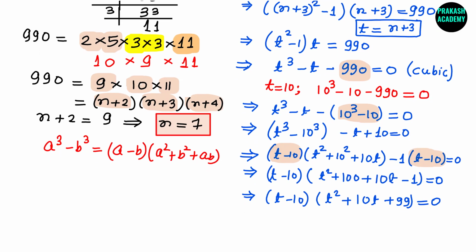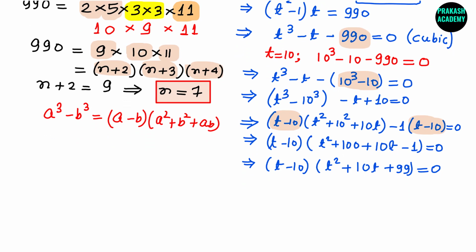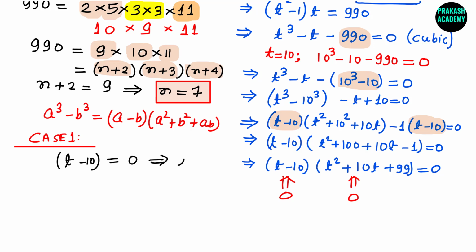Now there are two possibilities. We can have either this term is 0, that is the first term, or we can have this term as 0. So if the first term is 0, let us call it case 1, that is t minus 10 is equal to 0. This means t is equal to 10.